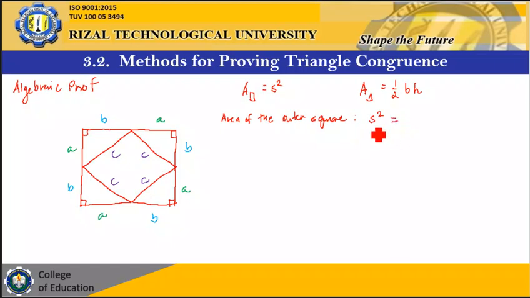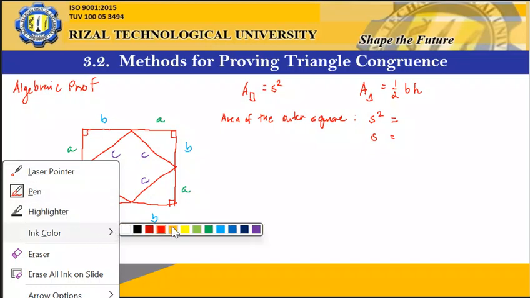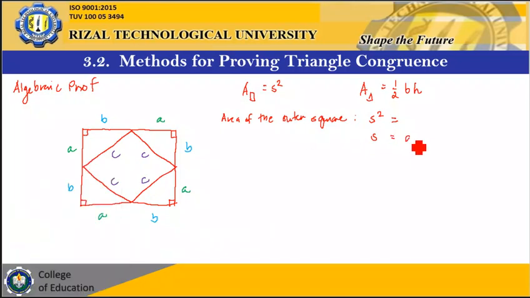that is actually, we know that S here is equal to the side of the outer square, which is the composition of the lengths A and B. So that is A plus B. So therefore, side squared is A plus B, quantity squared. Okay?